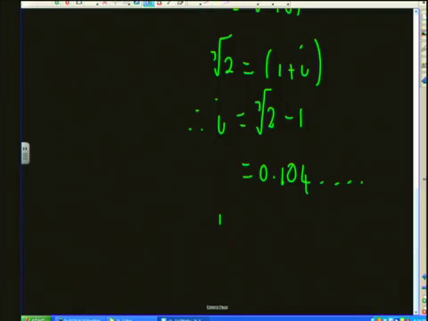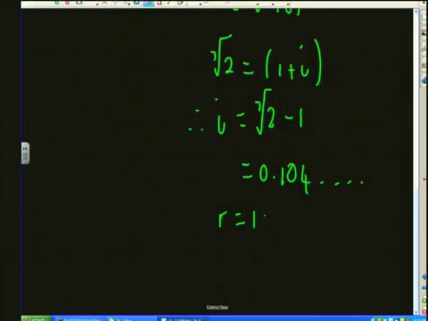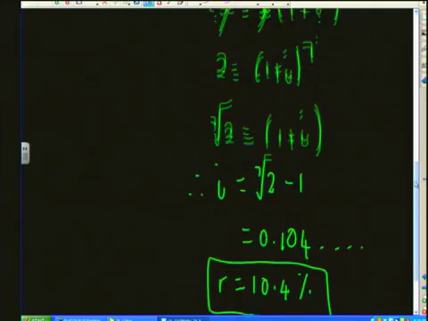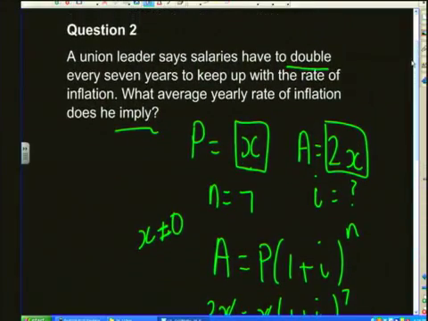So therefore, in percentage form, we times by 100. You notice I kept the entire figure there so we don't have any rounding off errors. And our interest rate is 10.4%. So in other words, what we're saying is that in order to keep up with inflation, the rate that will be applicable there is 10.4%.